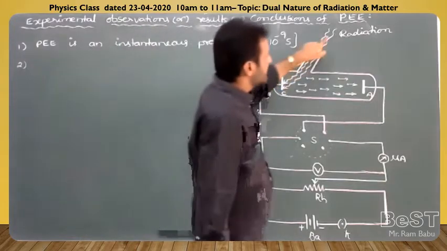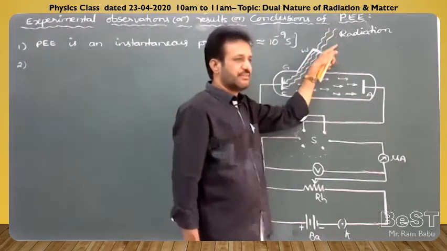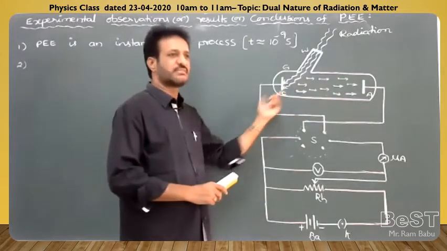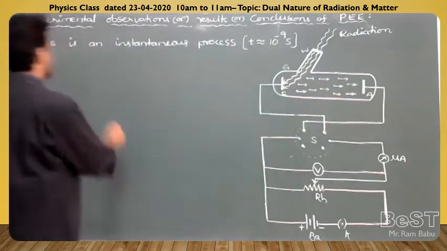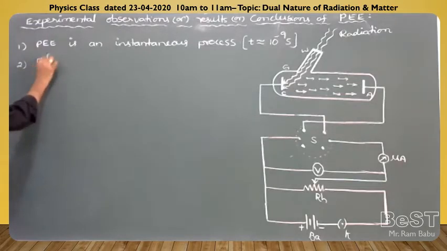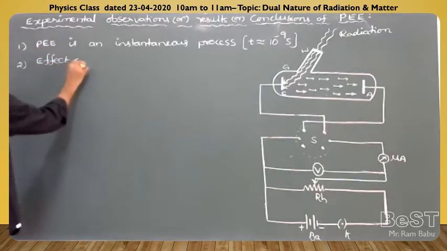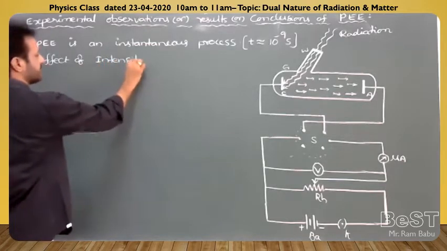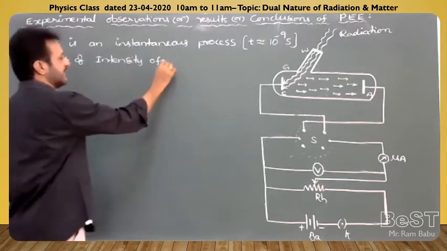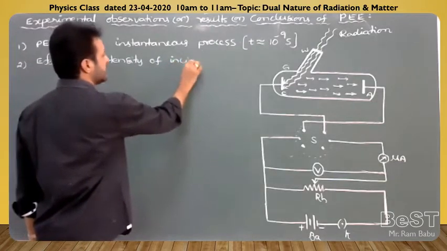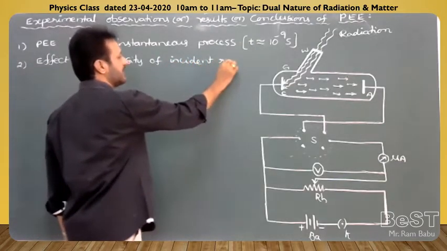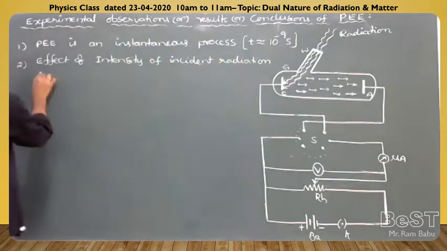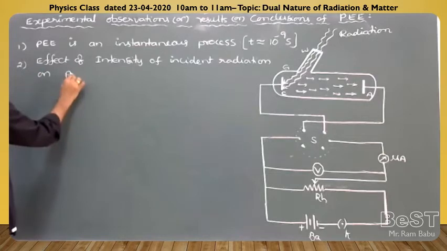What happens when we change the intensity of the light? Whenever the intensity of the radiation changes, how the current will come out, or how the electrons will come out, we have to discuss. So that is the second point: effect of intensity of incident radiation on photoelectric current.